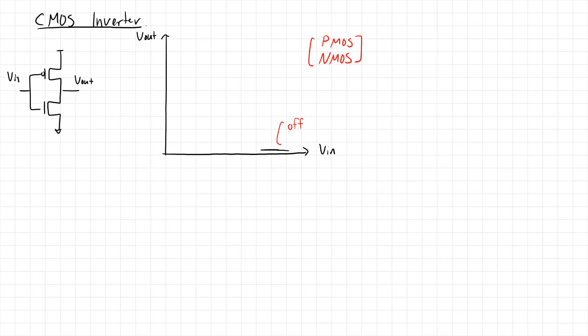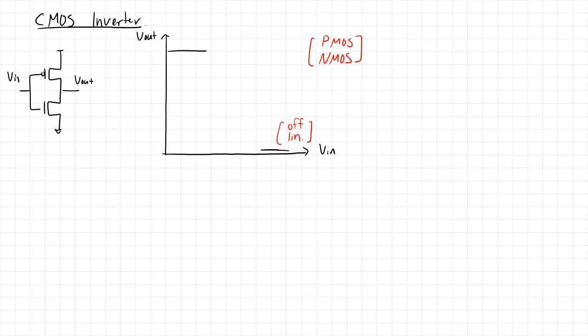The NMOS device, we know it's on. The VGS of that NMOS device is very large. It's definitely larger than VT when Vin is very big, provided that, of course, we're operating above threshold. Now, the VDS of the transistor is actually going to be very small. Vout is going to be close to 0, and so what we say is that in this mode, the NMOS device is not saturated, but rather it's in the linear regime.